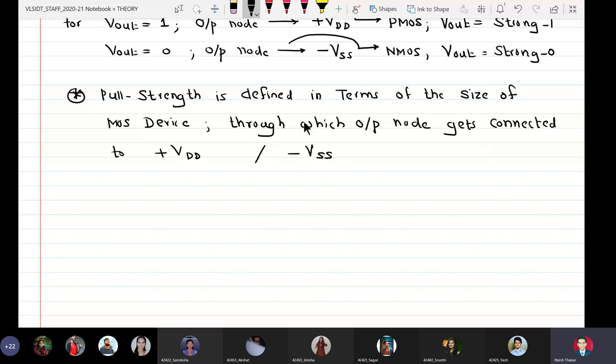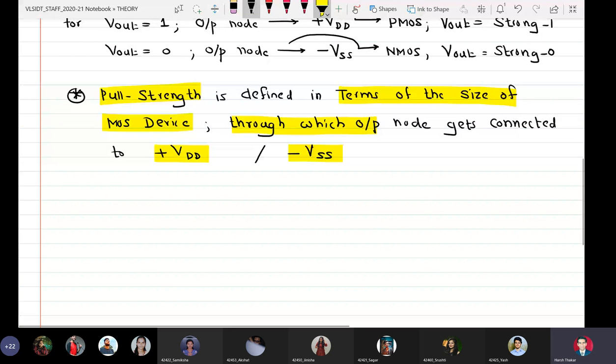So I repeat, pull strength is defined in terms of the size of the MOS device through which output gets connected to plus VDD or minus VSS.